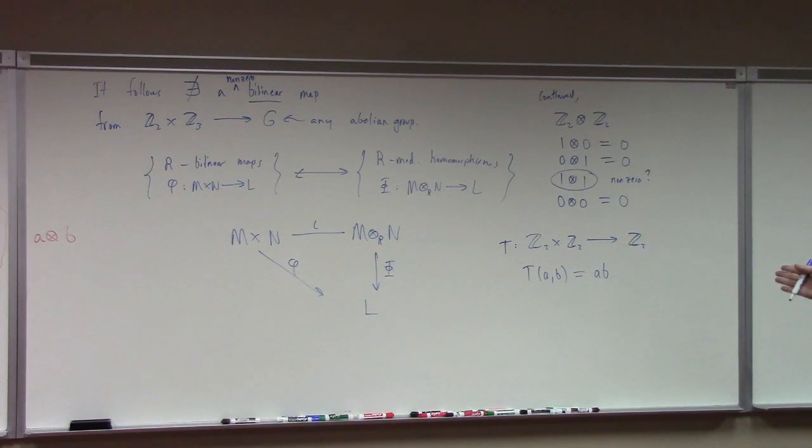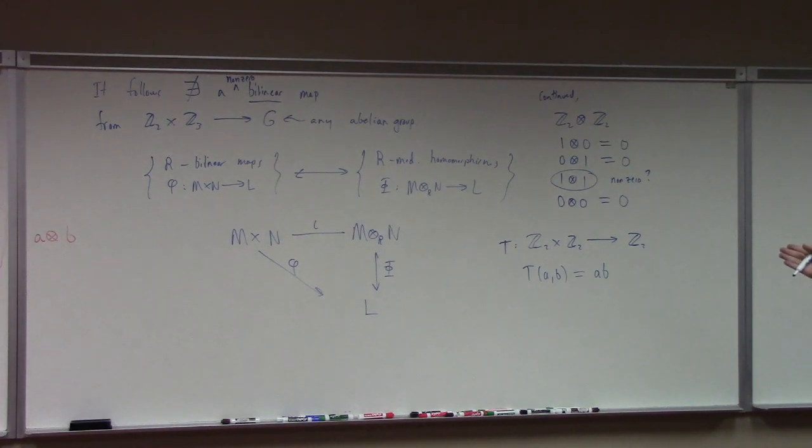It's linear in the first slot, it's linear in the second slot, and it's non-trivial. You can check. Plug in 0, 1, what do you get? Oh, that's a bad choice. Plug in 1, 0, oh, another bad choice. Plug in 0, 0, oh, also a bad choice. But if we plug in 1, 1, what do we get? T of (1, 1) is 1 times 1, which is 1, so therefore it's not the 0 map.